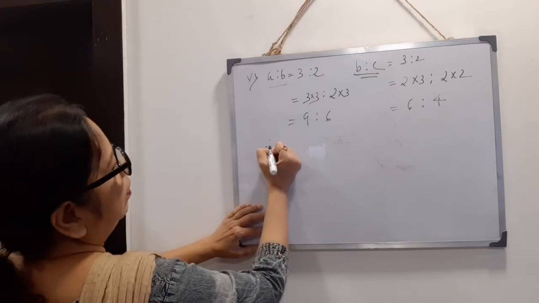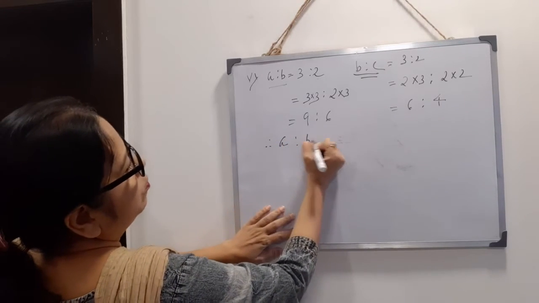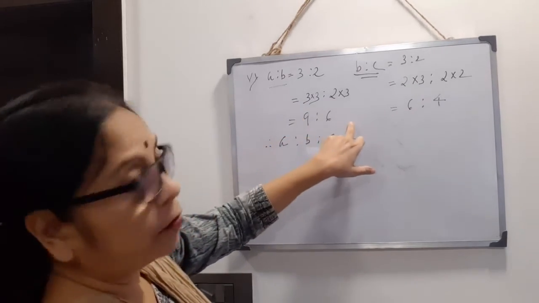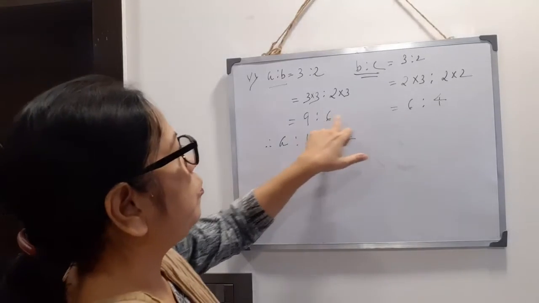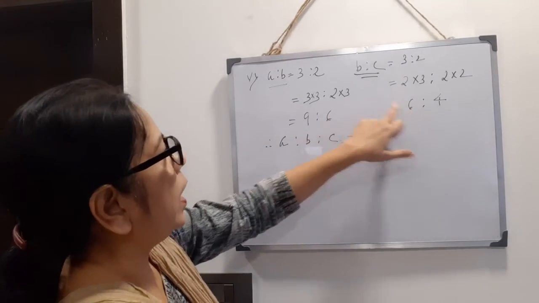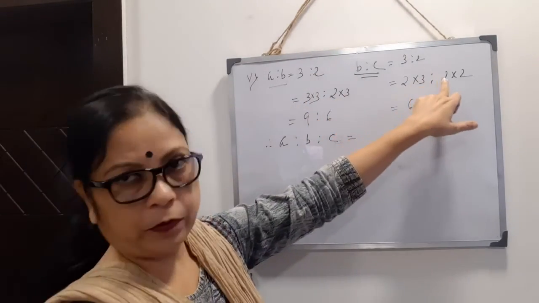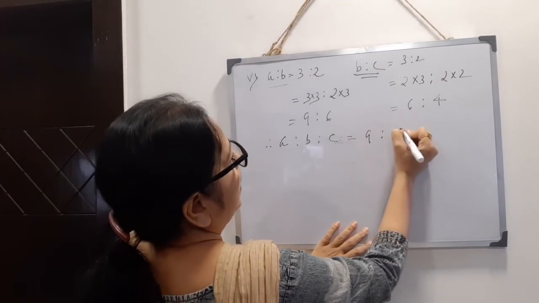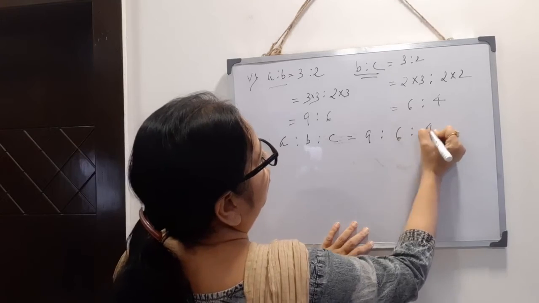So from here a is to b is to c equals what can we write? 9 is to 6 is to 4. So to make equal here, I have done this process. Clear? Now a is to b is to c, we can write 9 is to 6 is to 4.